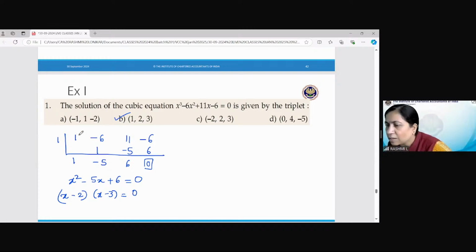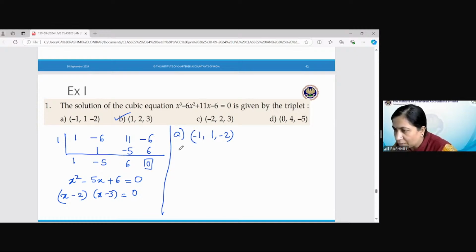Okay. So this is the method, or here I will show you how you can substitute. So let us see the first. I have to substitute 3 times. I will first substitute for minus 1, 1 and minus 2. So first I took -1. So this is -1 whole cube minus 6 into -1 whole square plus 11 into -1 minus 6.